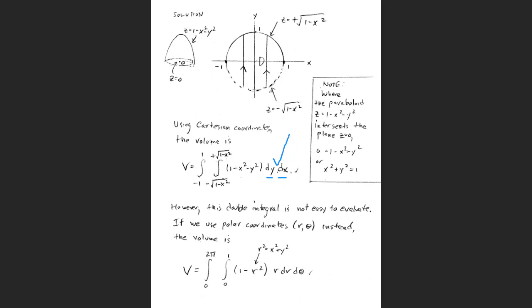Clearly the paraboloid intersects the plane in a circle with radius 1. So I'm going to let you copy to here. Please let me know if you have any questions before we continue.